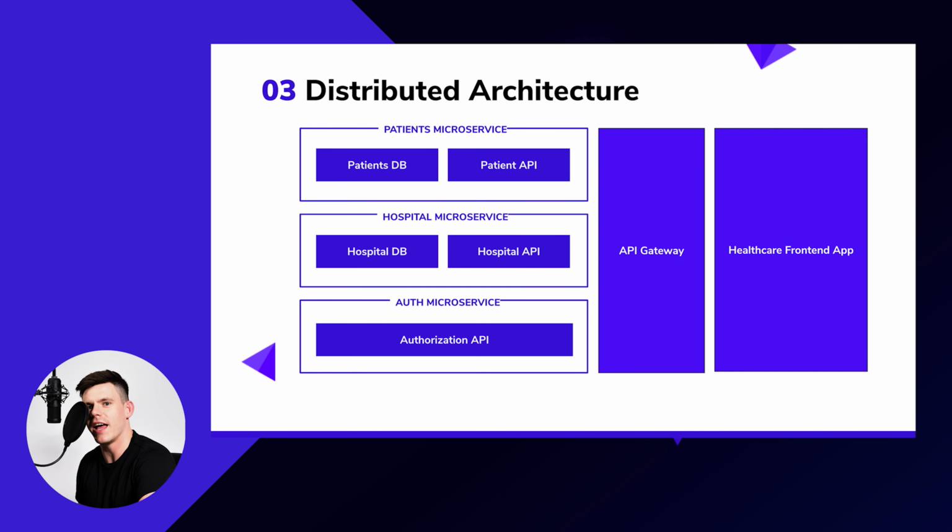What is worth to mention that in distributed architecture we have also included something that is called gateway, API gateway to be more precisely. API gateway is being responsible to take care of the communication between all of these microservices and expose the single API to the rest of the world.